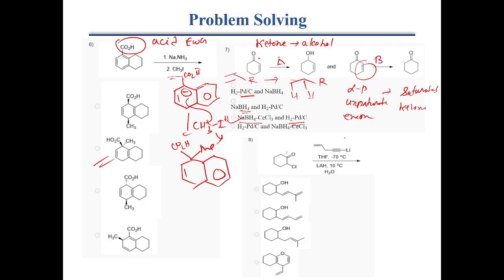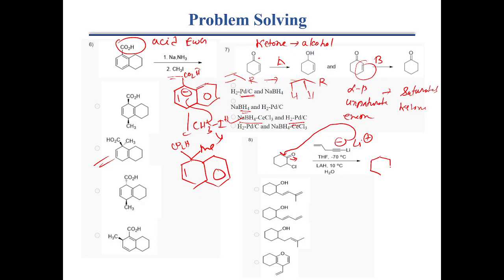Now the next reaction condition is this lithium reagent plus lithium aluminum hydride. In the presence of lithiated reagents, lithium is positively charged, we all know. So it will react with the carbonyl compound, as the carbon is electronically biased, electropositive.